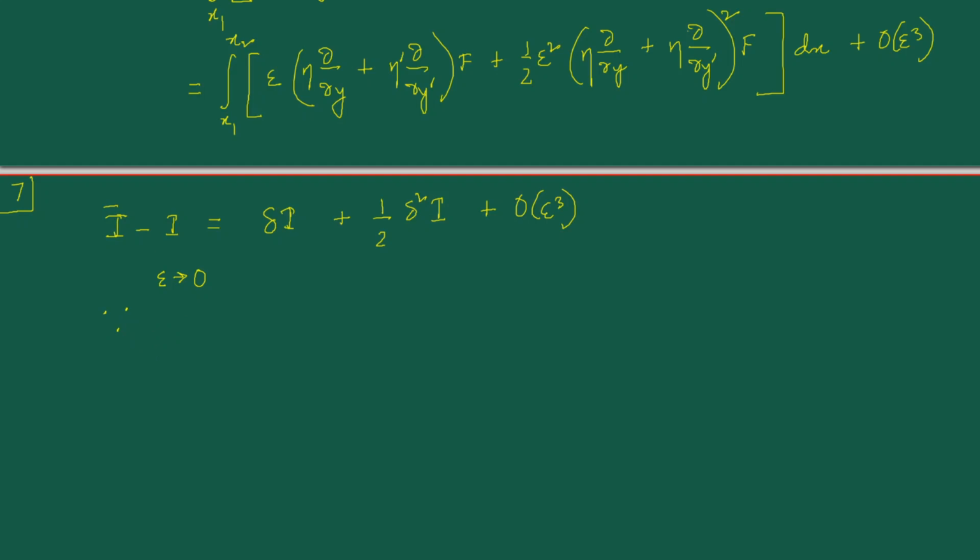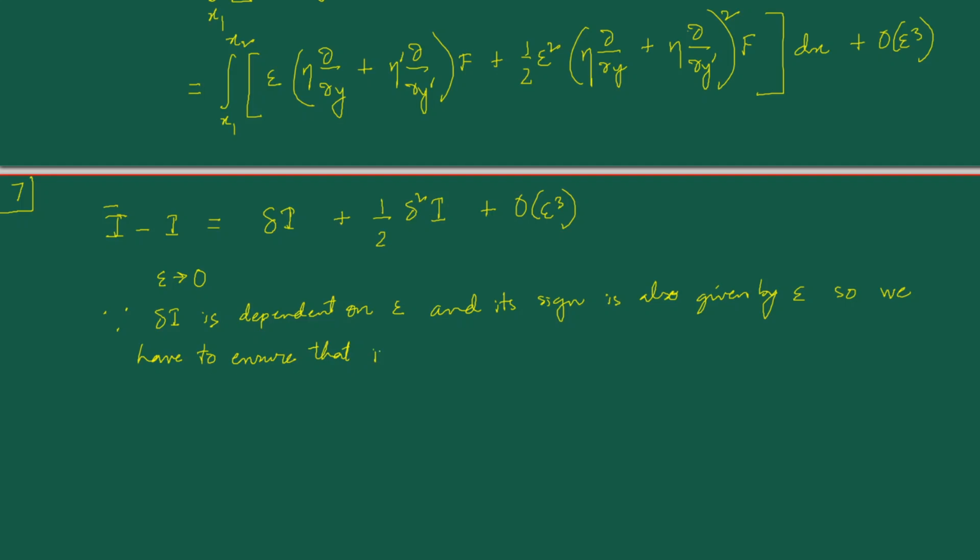So since our delta I is dependent on epsilon and its sign is also given by epsilon, we have to ensure that its influence on I bar minus I is switched off.